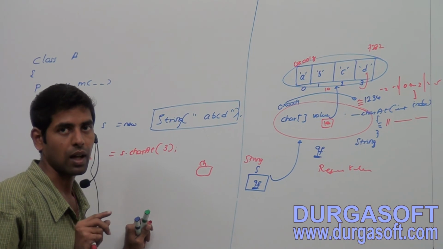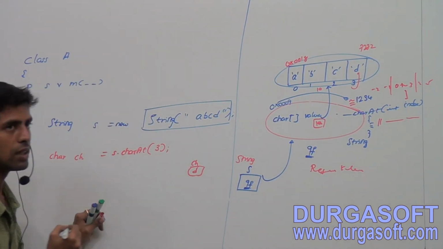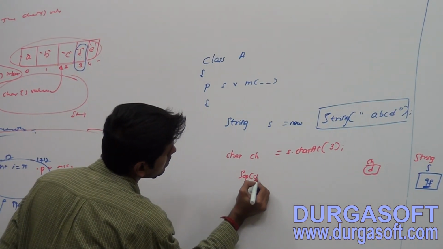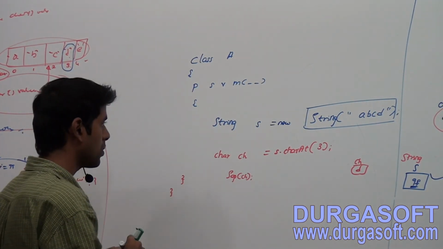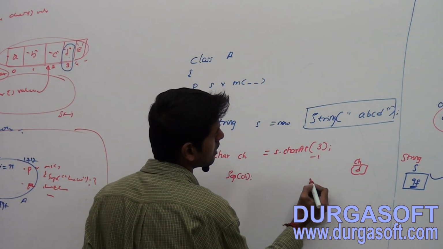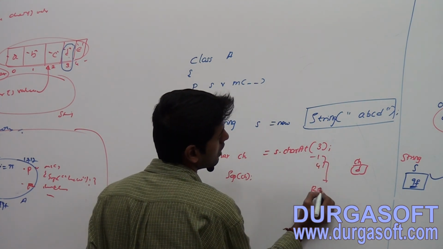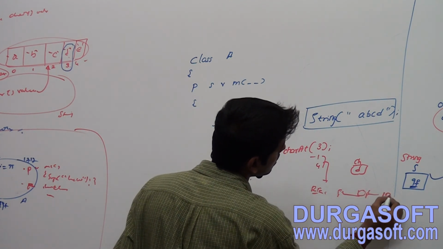D. We have the character D, so now ch will be D. If you put SOP of ch, you will get D. No issues. If you pass any other value like -1 or greater than 4, in these two cases you will get a runtime exception, a StringIndexOutOfBoundsException.